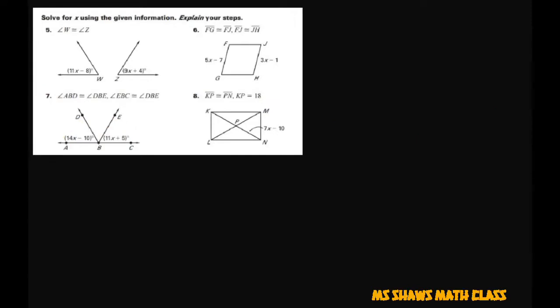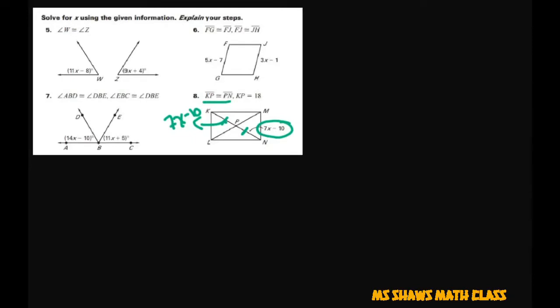And the last one is this one. So let's see what it says. KP right here is congruent to PN. So these two are congruent. So this is 7x minus 10. And this is also 7x minus 10 because they're congruent. That's the definition of congruency.